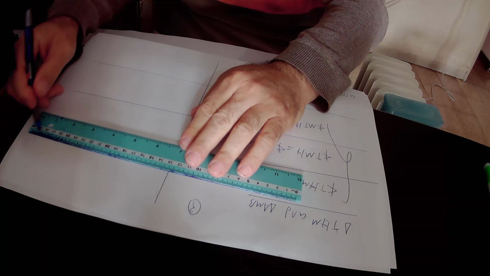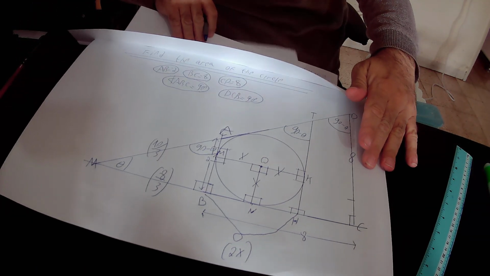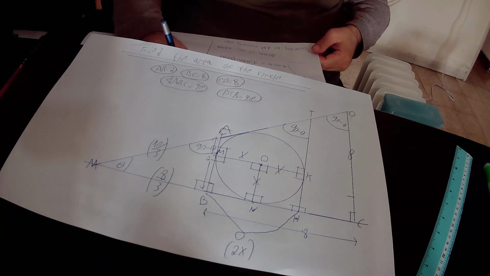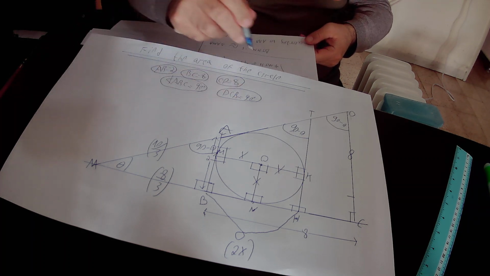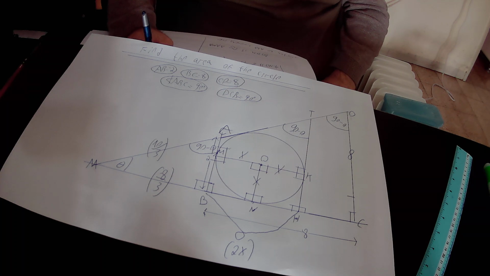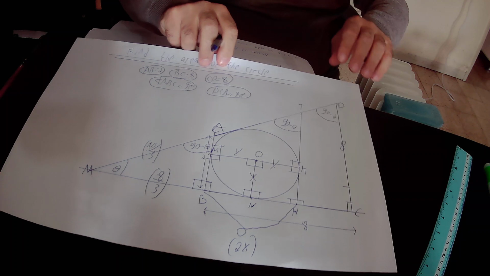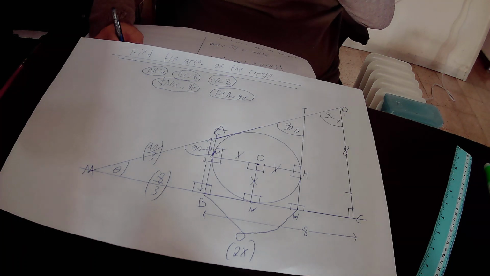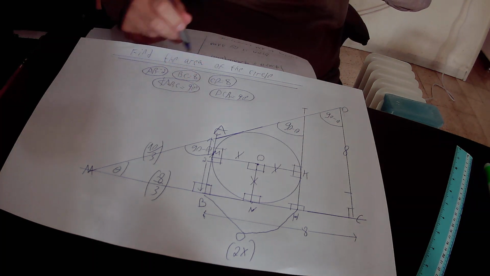We derive that MH in the big triangle over MB in the small triangle is equal to TH in the big triangle over AB in the small triangle.